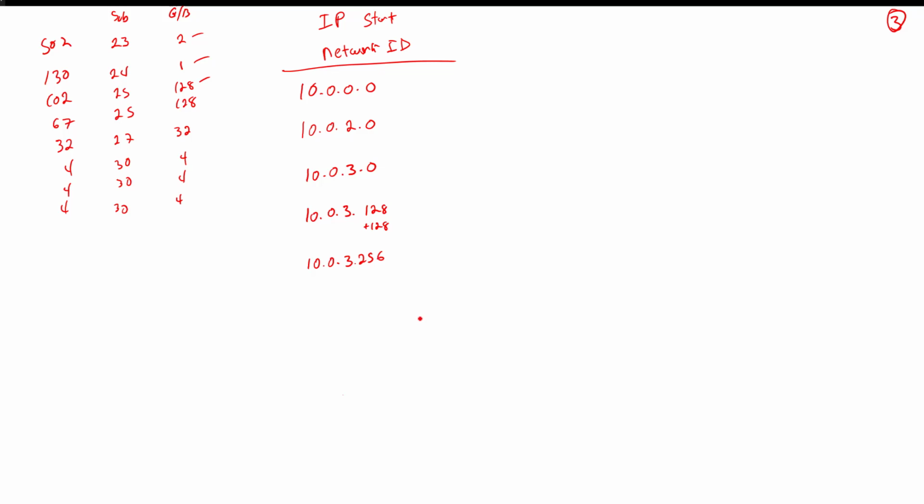However, 255 is as large as we can go. So what that means is, if you ever have to go above 256, you carry the number. You carry the 1. Alright, that takes care of that guy.